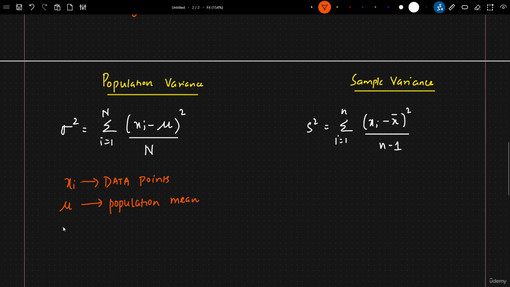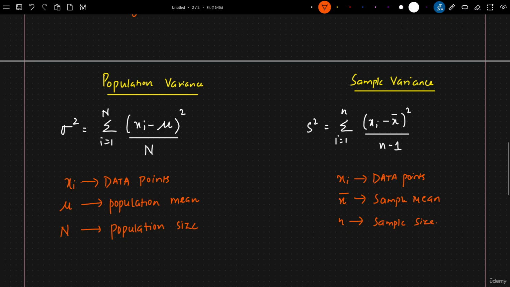Then here you have capital N, which is your population size. Similarly, for the sample, x i is your data point, x bar is your sample mean, and n is your sample size.